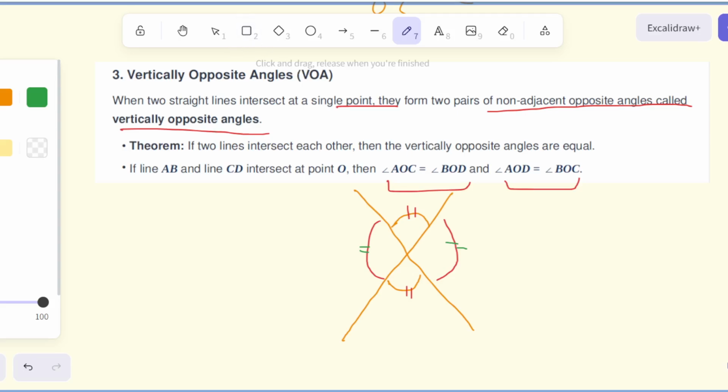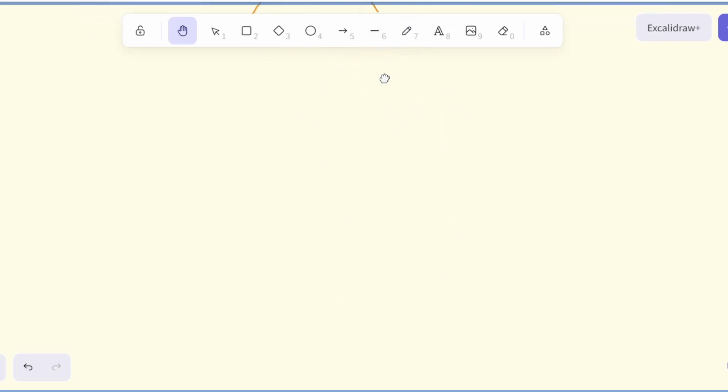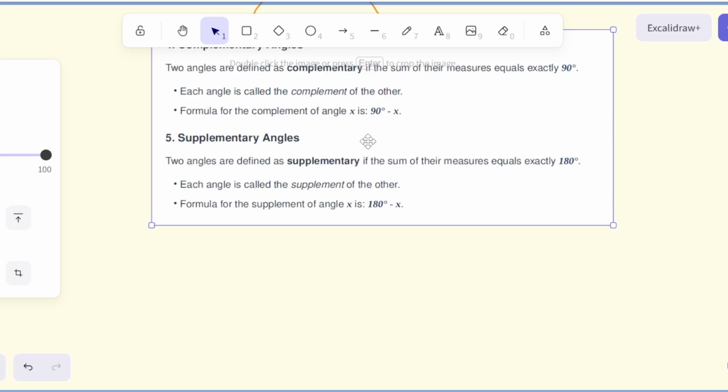And then we worked on complementary and supplementary angles. Complementary is when the two angles add up to 90, and supplementary is when two angles add up to 180.